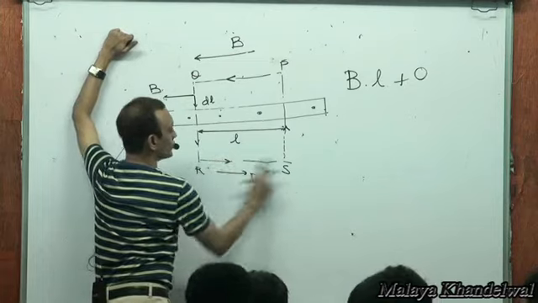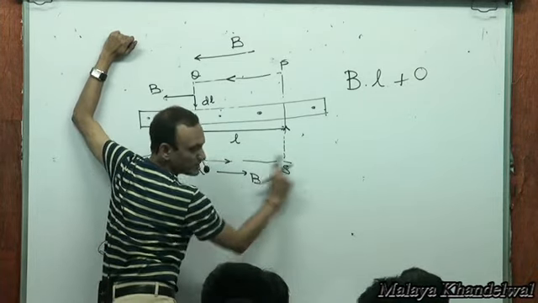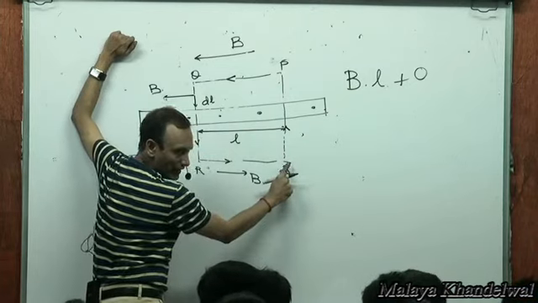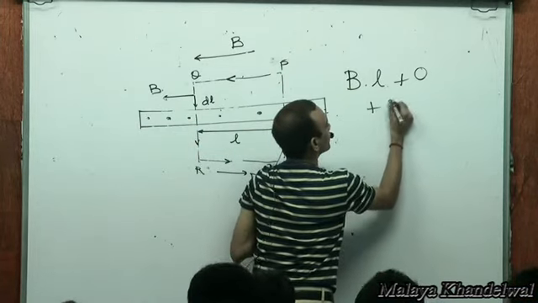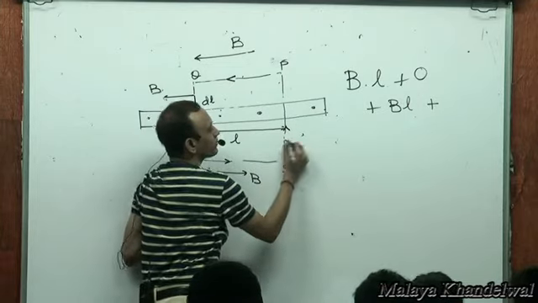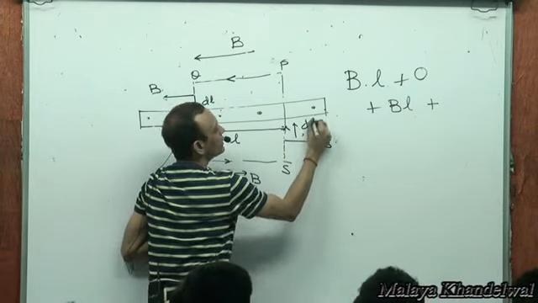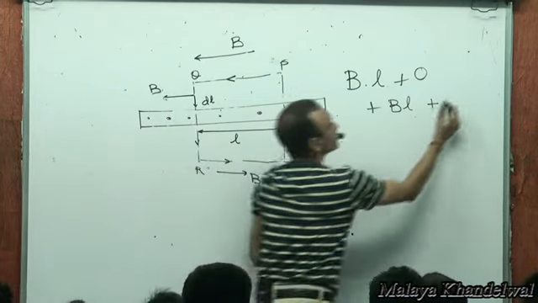Then I go from R to S, my dl's are like this, because I'm circulating the loop this way, the B's are like this. So B into L. Then I go from S to P, my B's are like this, and my dl's are like this. So B dot dl will be 0.